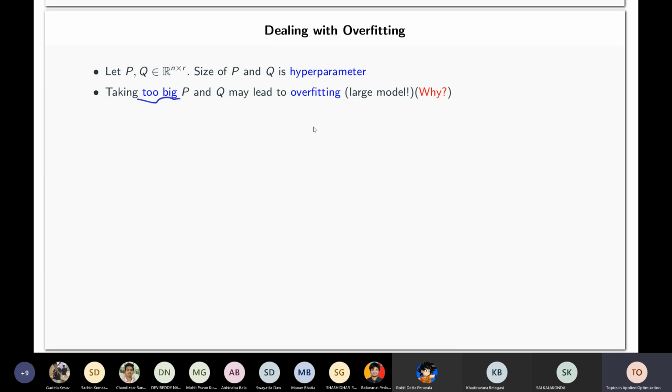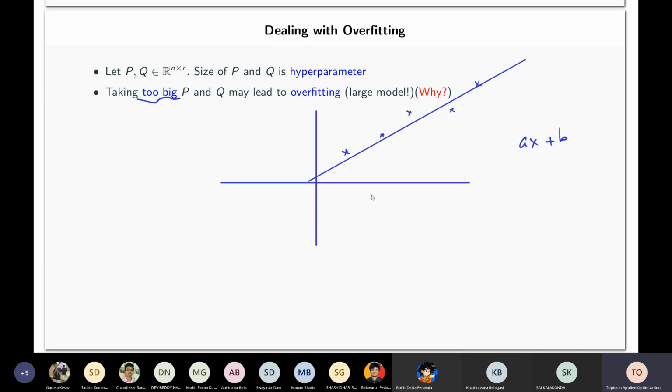Overfitting, for those who are new to this machine learning thing, what I can explain is the following. Let us say I have data like this. So what is the model that I can use to fit this data? I may use a linear model, AX plus B. So this model will fit like this.